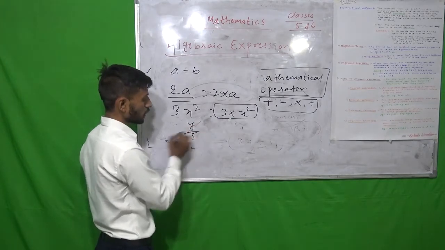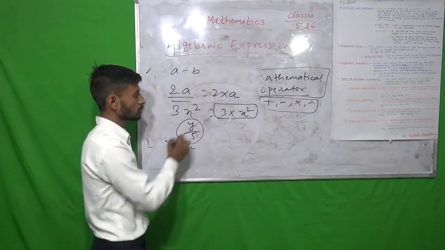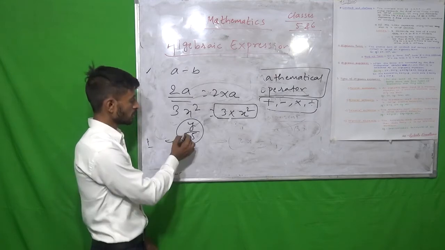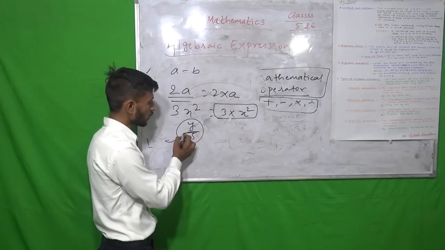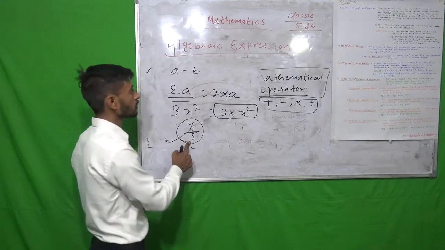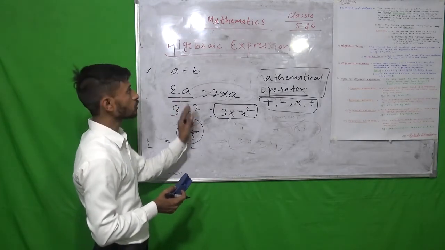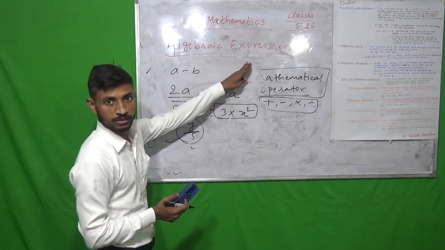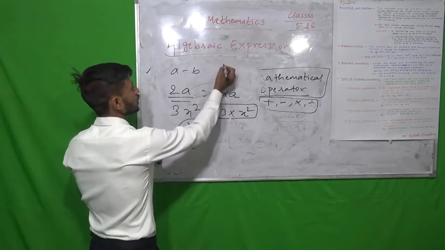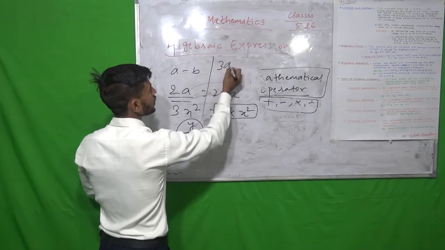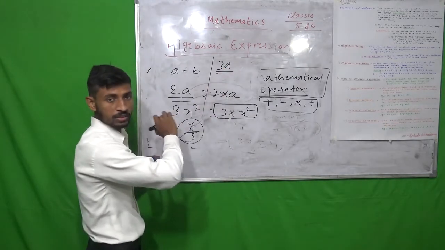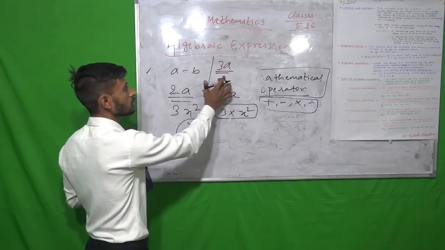Sometimes y by 5. This means division, y divided by 5. So here a single term is also called an algebraic expression. This is also 3a, it is also an algebraic expression having a single term.